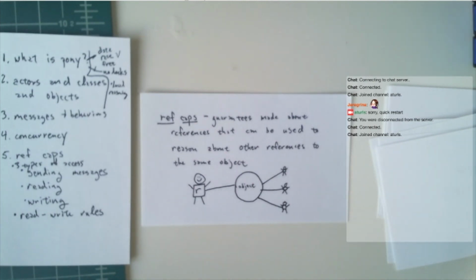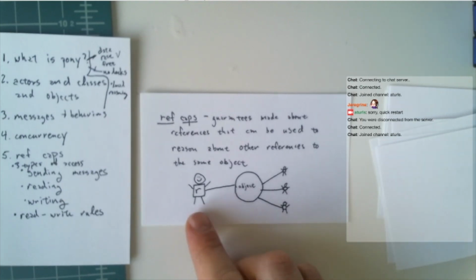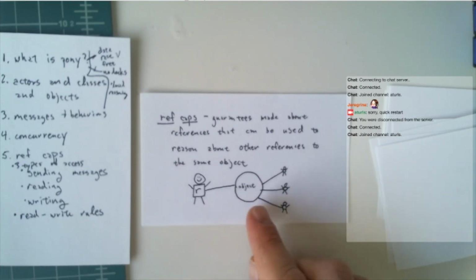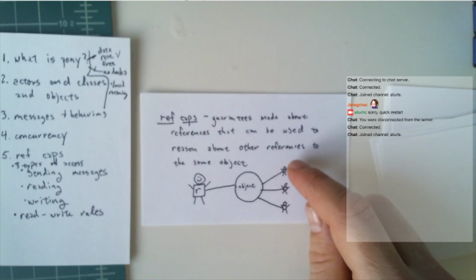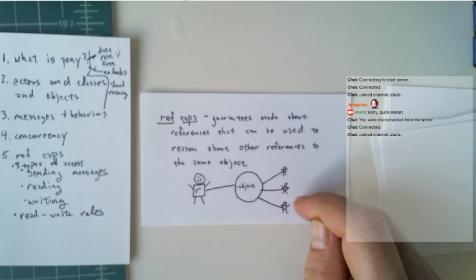Reference capabilities are guarantees that are made about references that can be used to reason about other references to the same object. So over here we've got a reference that has some sort of reference capability R, and it refers to an object, and in theory there can be lots of other references over here.